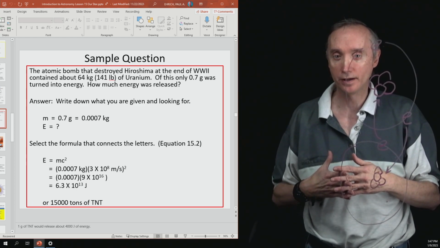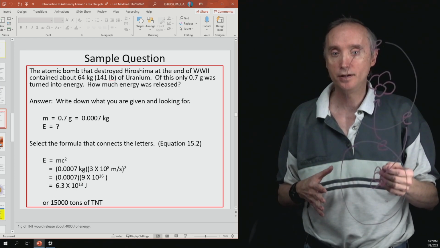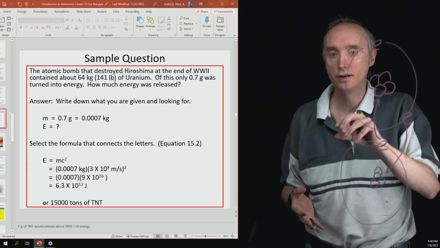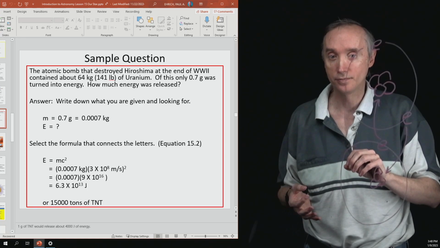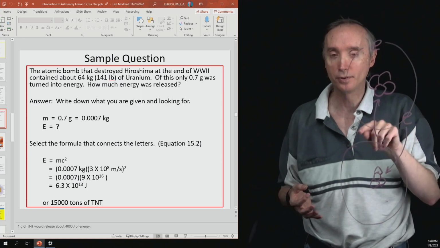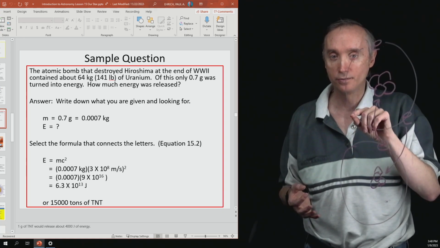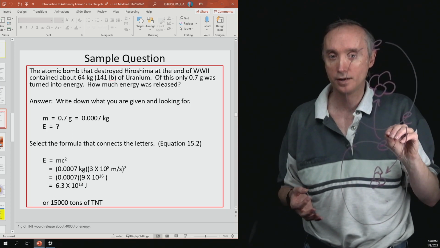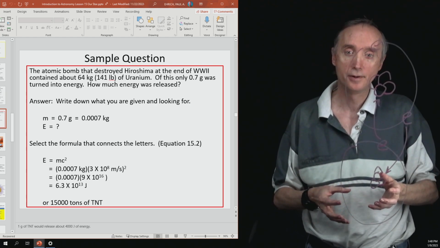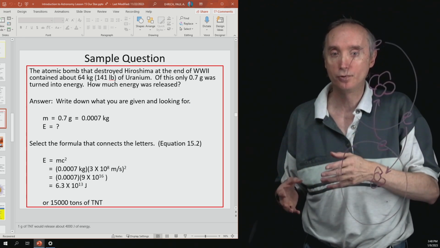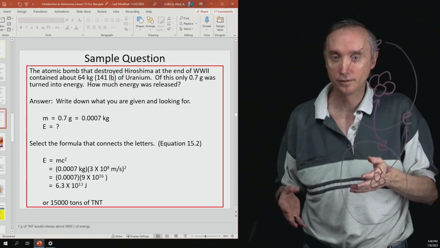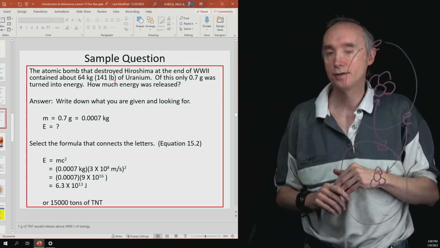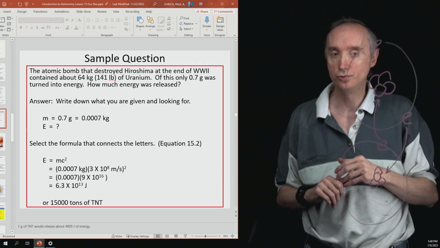So on your calculator, 3 times 3 is 9. And then what do you do when you square an exponential? The 10 to the 8th, you multiply the exponents. So you end up with 9 times 10 to the 16th. And now we have to take that number and multiply it by 0.0007. And so that ends up being 6.3 times 10 to the 13th joules.